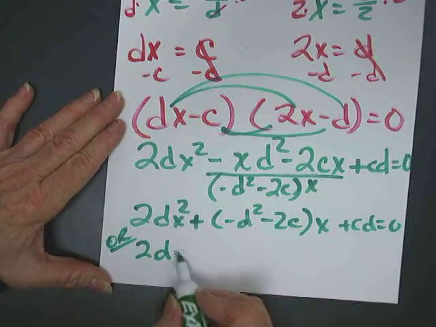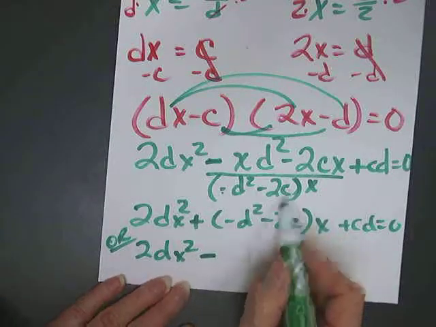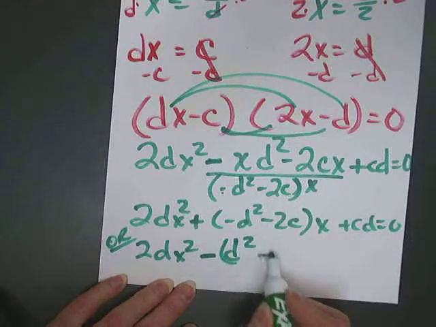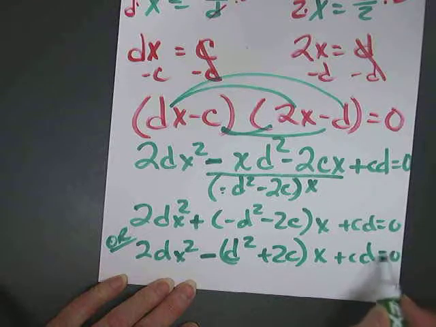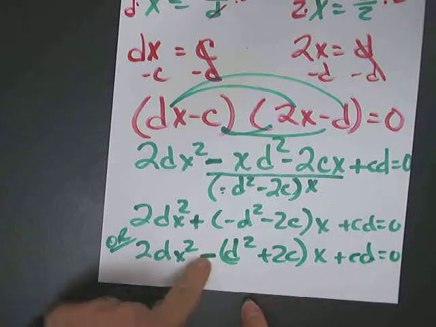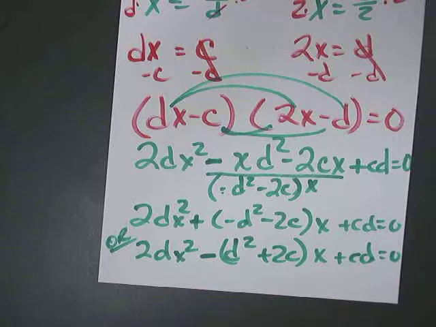Anyway, we have 2dx squared minus this, actually it'd be plus the negatives or something. If we put minus, it would be positives, right? Plus CD. So let's do it with the minus there.